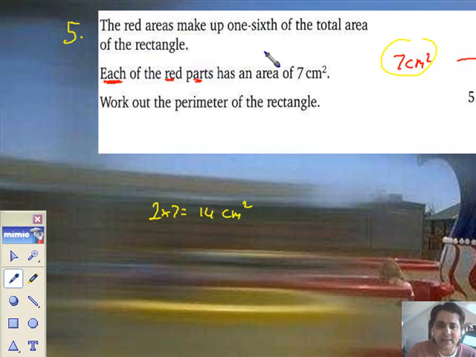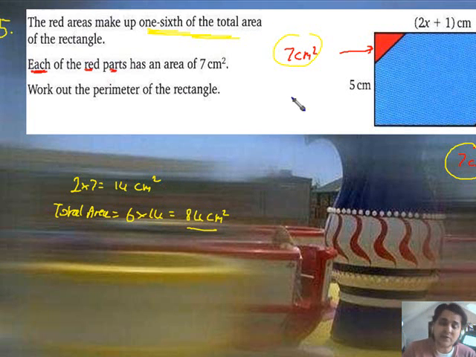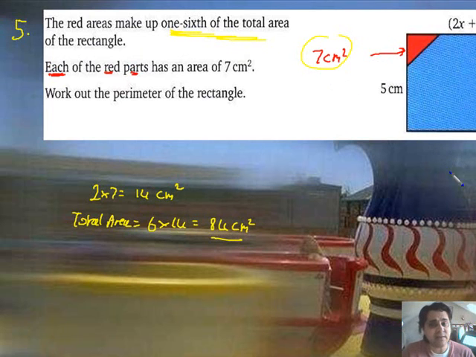Now that is 1/6 of the total area. So total area has got to be 6 times that. 6 fours are 24, 6 ones are 6, 84 centimetres squared. So that's the total area of the rectangle, and I use the fact that each little red bit is worth 7, so I've got 14, 2 of them, and that 14 represents 1/6 of the whole area of the rectangle. So now I'm ready to go.